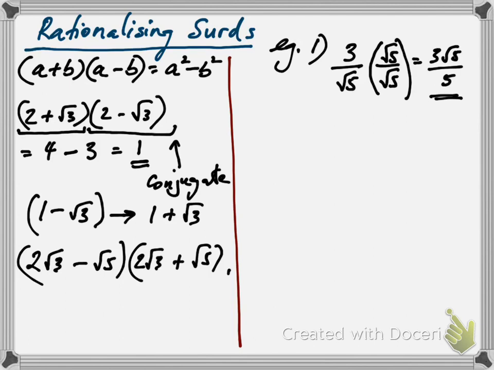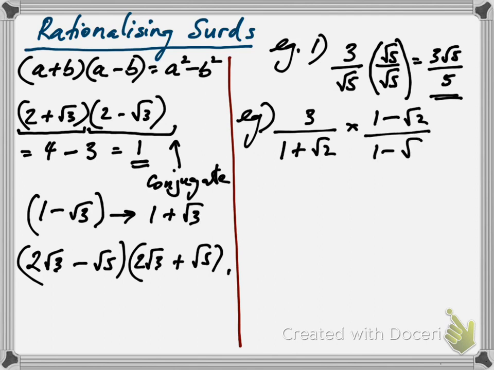How about if you have something along the lines of, let's say, 3 over 1 + √2. So what we do is we look at the bottom and we multiply it with the conjugate of the base, which is (1 - √2) over (1 - √2).